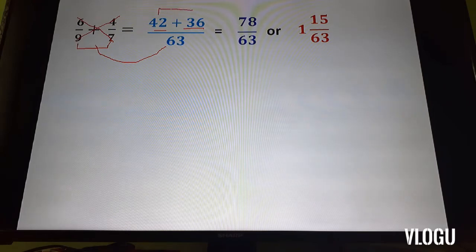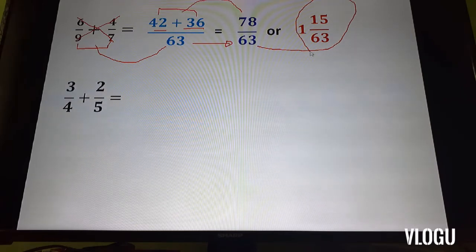Add 42 plus 36, that is equal to 78. And we have 63 as our denominator, just copy. And we have to simplify 78 over 63, that would give us an answer of 1 and 15 over 63.